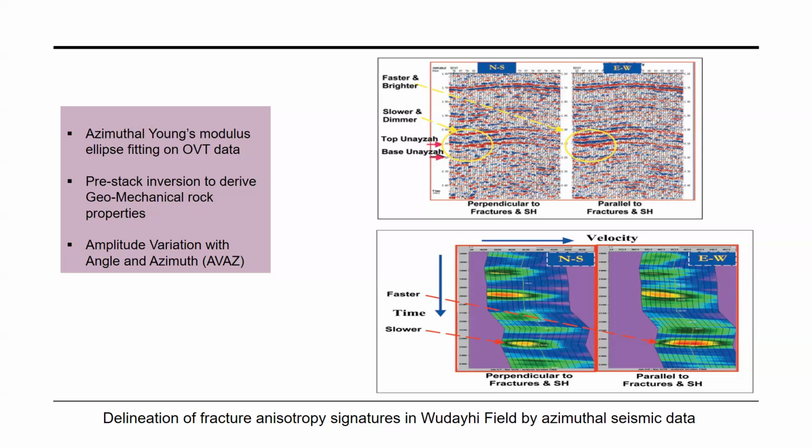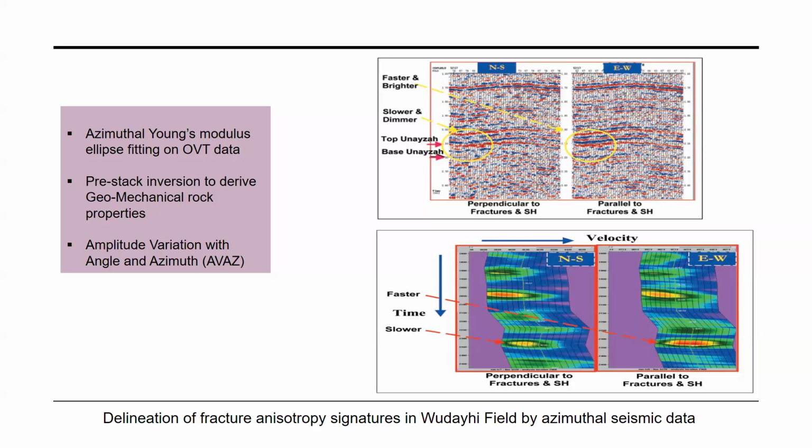The other method which is widely used is pre-stack inversion to derive geomechanical rock properties. Mainly, the information relevant to fractures remains stored in far angle stacks. That's the assumption.